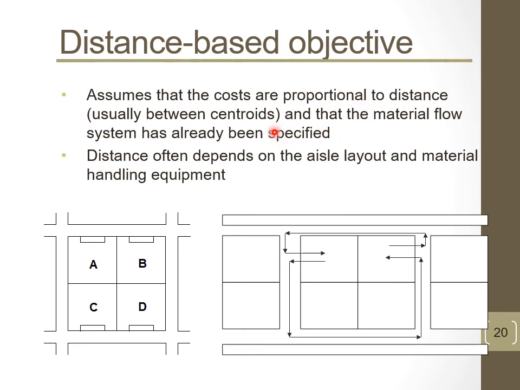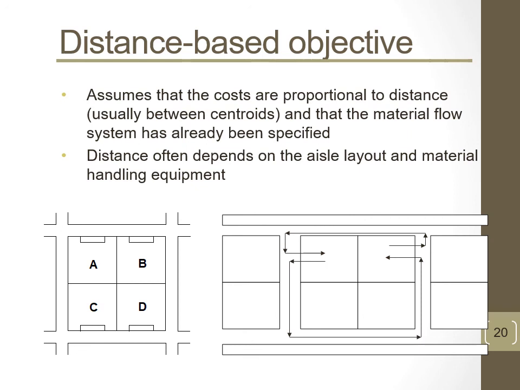But it assumes that the movements are from centroid to centroid. And also, in order to be able to state the cost of moving a one unit load from one department to the other, you need to know what kind of material handling system you are using. If you are using a conveyor, the cost would be different. If you are using an AGV, the cost would be different, and so on.